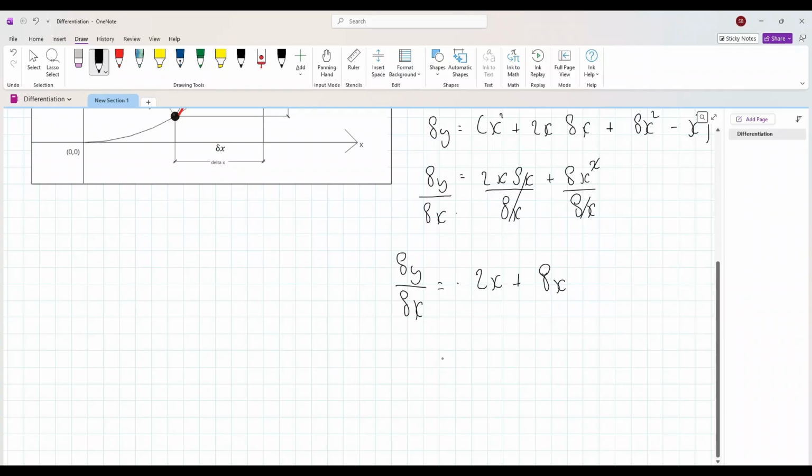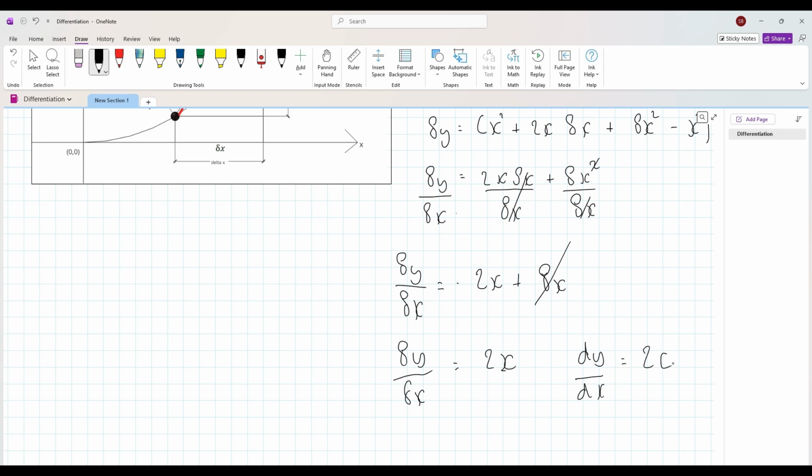So because delta x tends to 0 and becomes such a small number, it is no longer needed to be included, so we can just ignore that, which leaves us with delta y over delta x equals 2x. But we write this as dy by dx equals 2x.